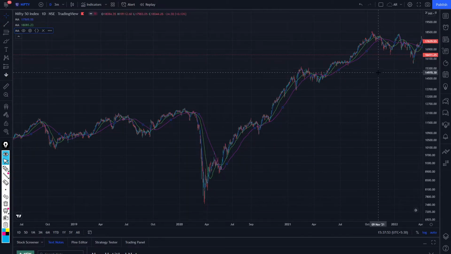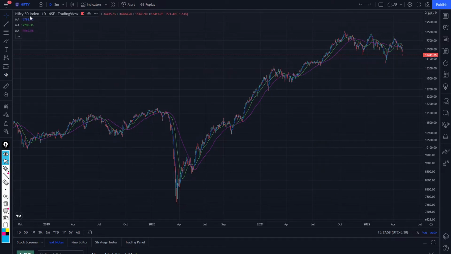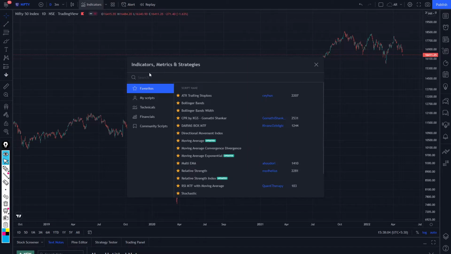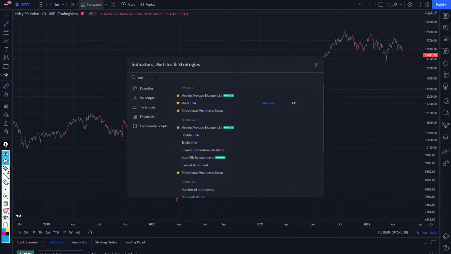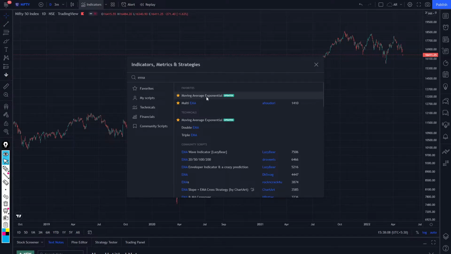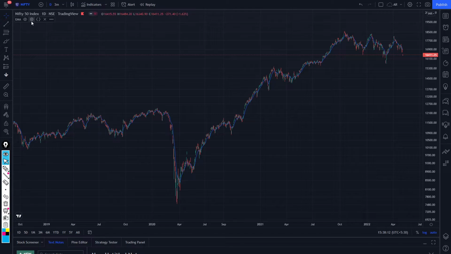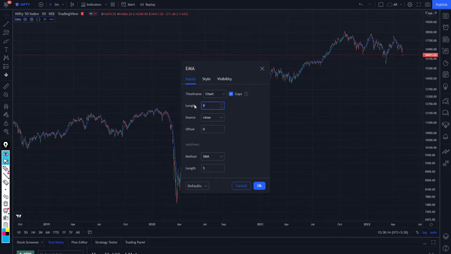Now it's an EMA line. Or if you want a clear EMA, you can choose one more thing. I'll just delete it. You go on indicator, type EMA, exponential moving average. It's the same thing, not a new thing, just another name.